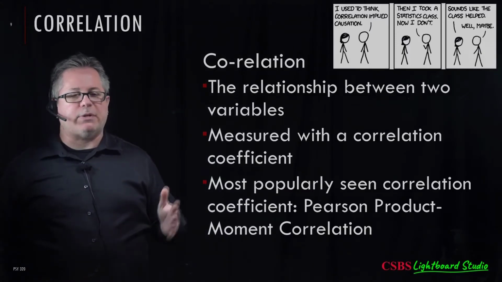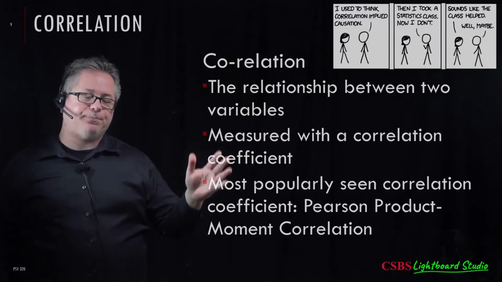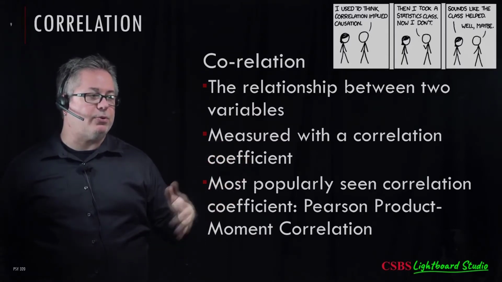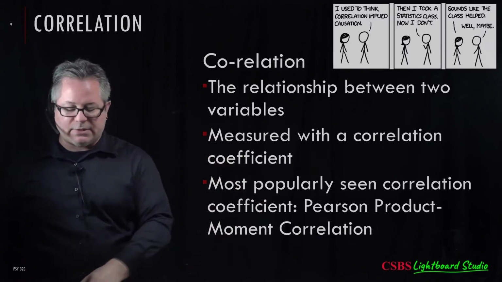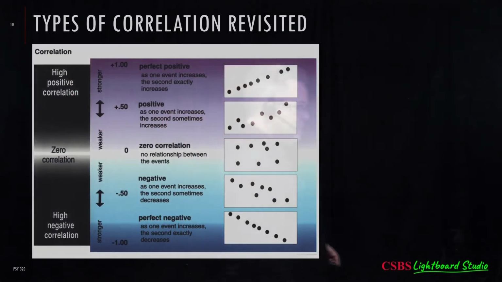Cigarette consumption and coronary heart disease deaths are continuous variables, so Pearson makes sense. Okay. Again, I mentioned this before, the types of correlation.